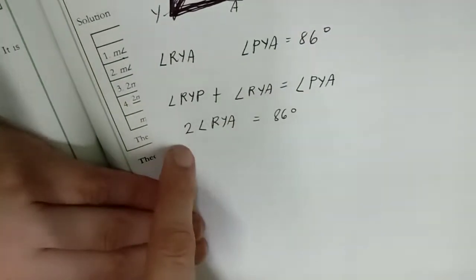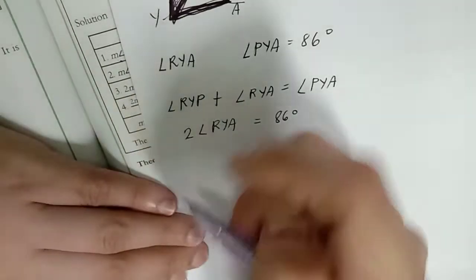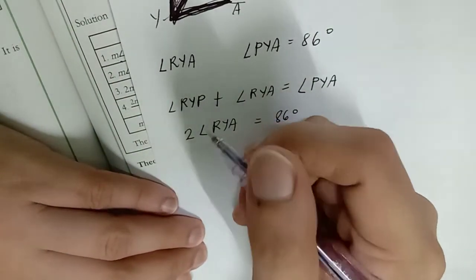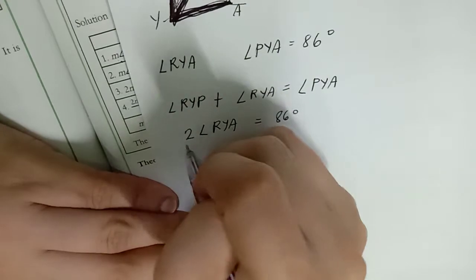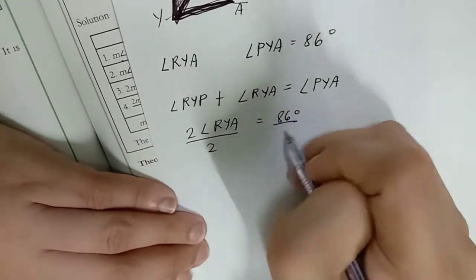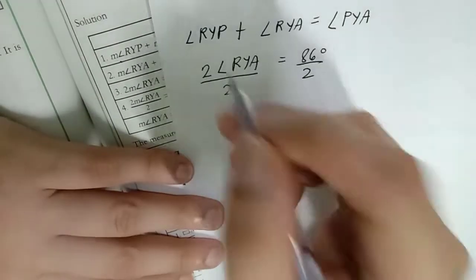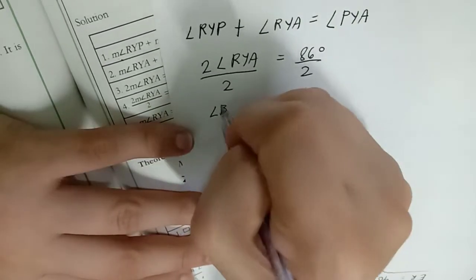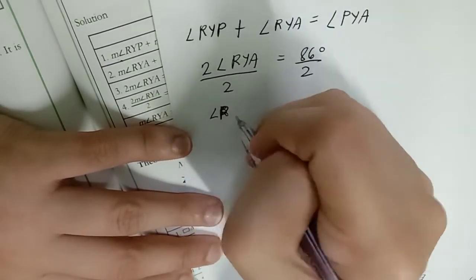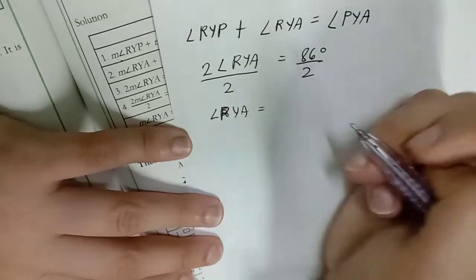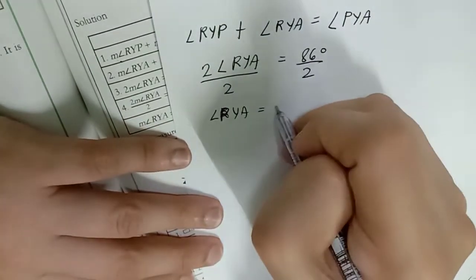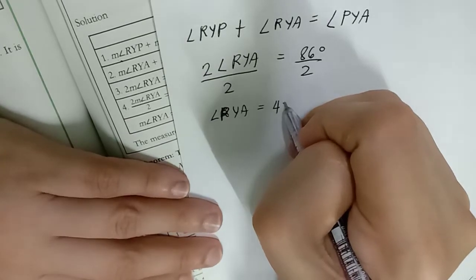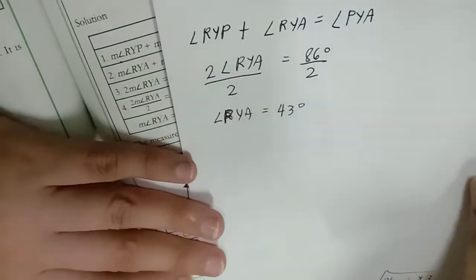So in order for us to find the value of or the measure of RYA, we divide by 2, okay, para mahanap natin siya. So the angle RYA is equivalent to 86 divided by 2, so that is 43 degree.